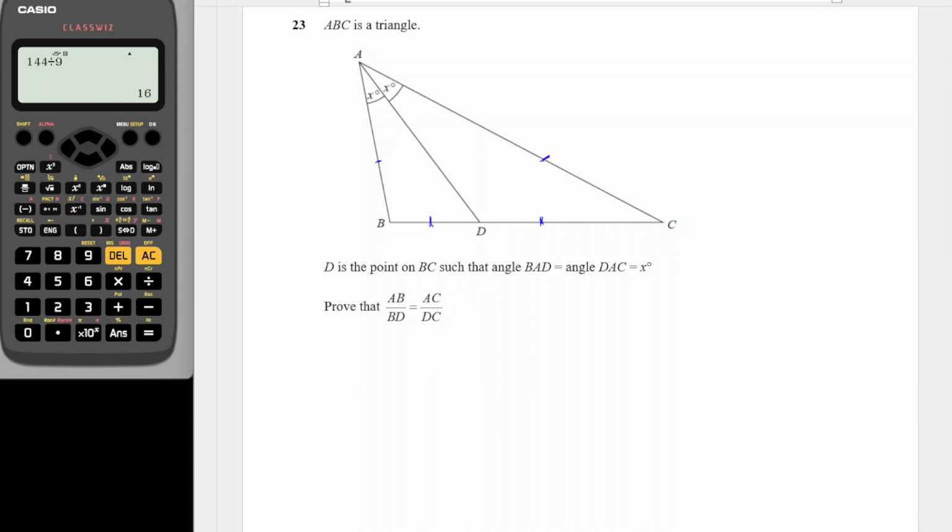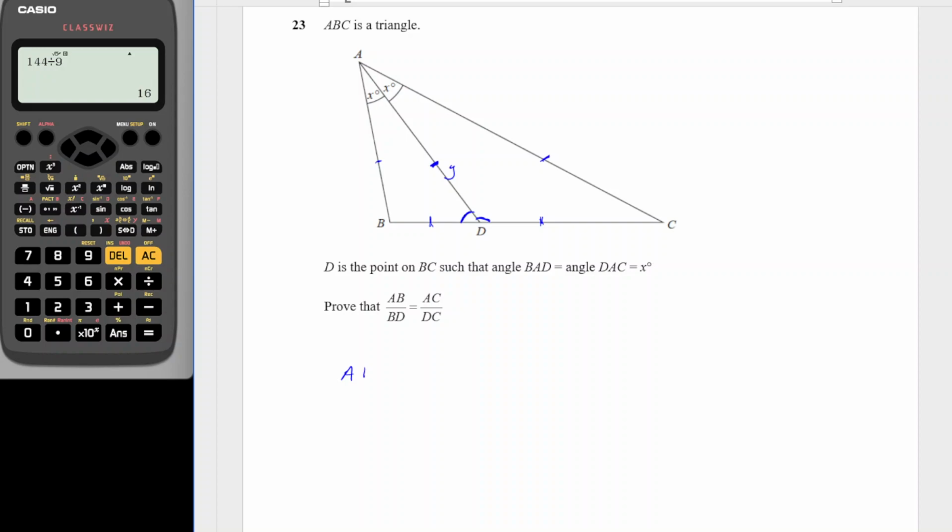Okay, so for this, I'm going to say this length here is common to both sides. So for now, I'm going to call this, let's say, y. And the angle that I'm going to use is this one here as well. Okay, so AB over BD.